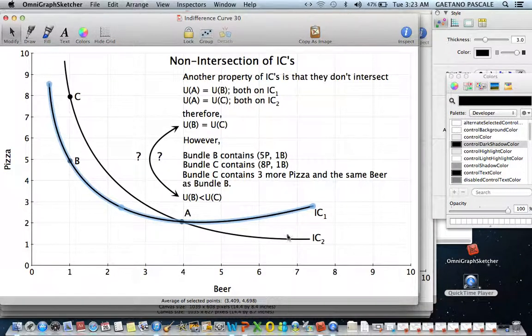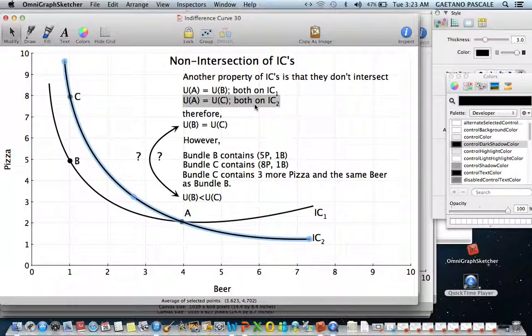The same thing holds for indifference curve 2. Indifference curve 2 contains point A and point C.